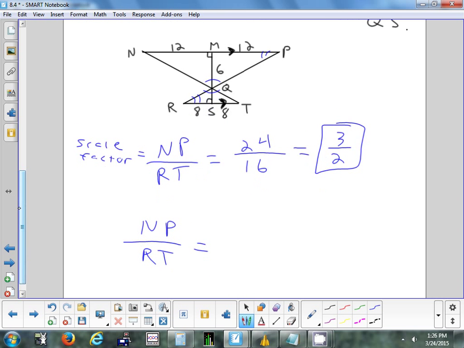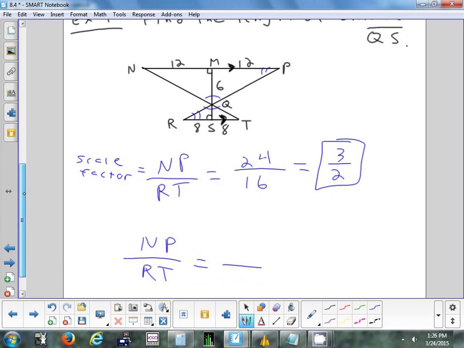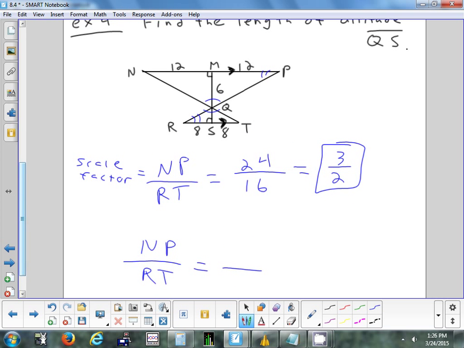let's extend that a little bit. Okay, I already know this. I'm going to fill in 3 over 2 in a second. What other two sides do I need to compare to find QS? QS is one of them. What's the key side you need to look at in the top triangle?